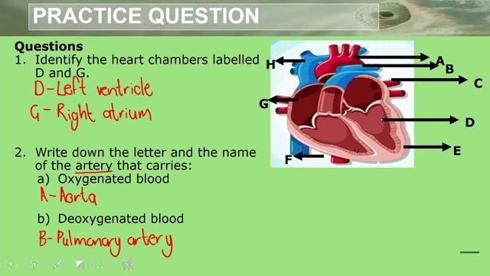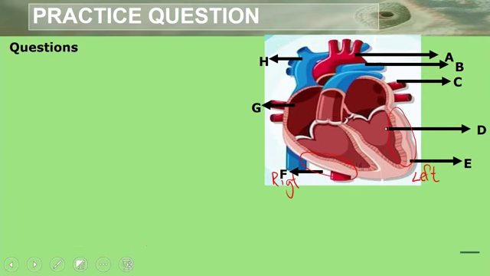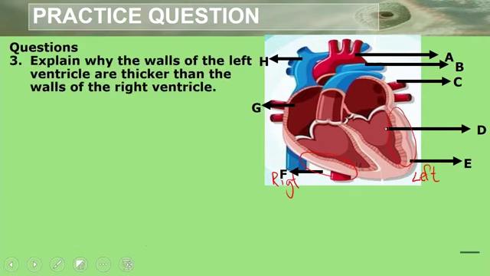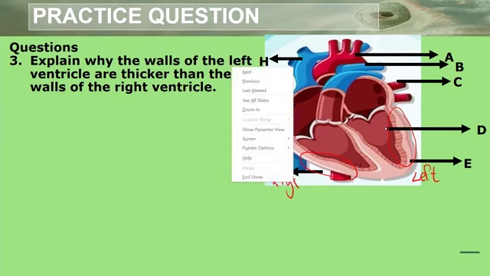Now moving on to our last question, question 3. It says explain why the walls of the left ventricle are thicker than the walls of the right ventricle. So we are comparing this part of the wall and that part of the wall of our ventricle.